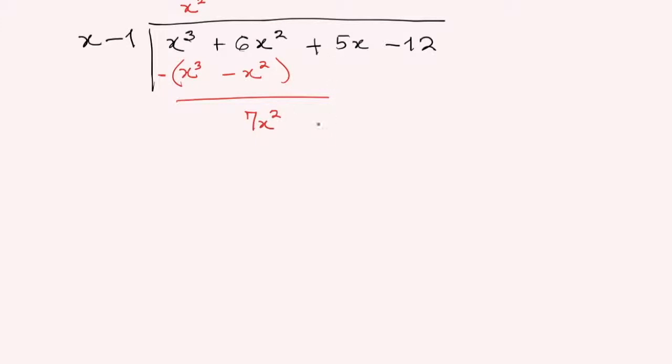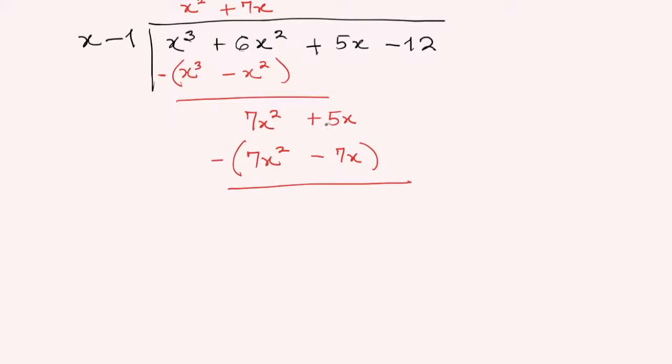So we bring down the next term, which is plus 5x. So 7x squared divided by x is going to be equal to 7x. 7x multiplied by x is equal to 7x squared, and 7x multiplied by minus 1 is equal to minus 7x. So if you subtract everything here, 7x squared minus 7x squared cancels out, and minus times minus becomes plus.